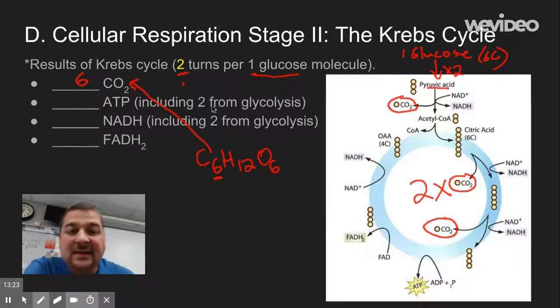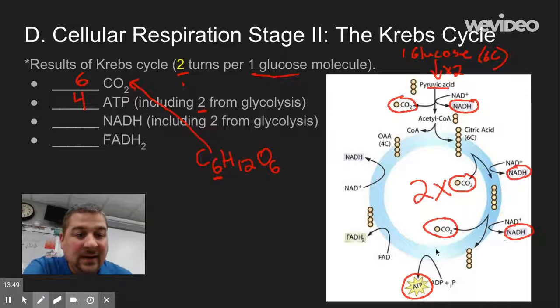How many ATP? Well, let's count. We've got 1 down here, but it turns twice, so you have 2. Plus, if you include the 2 that were made from glycolysis, gives us a total of 4 ATP. As far as energy that our cells can use, the high energy electrons now, let's count. Here's NADH, 1, 2, 3, 4.